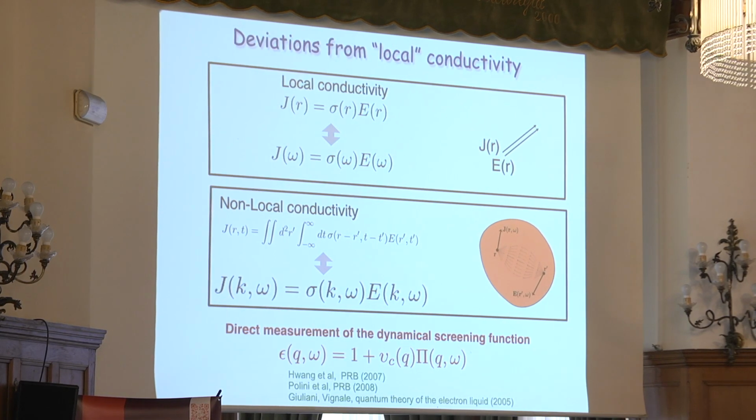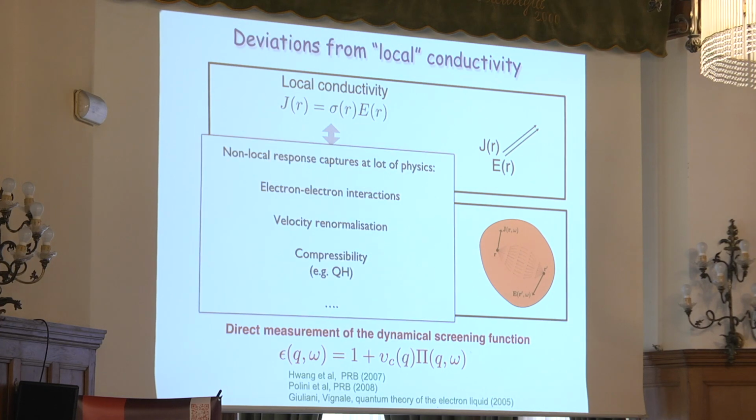This is relevant because it actually measures the direct dynamical screening function of the system, and in solid state physics, there are lots of theory papers on this topic, because you can learn really about the quantum theory of the electron liquid, which is the title of this book written by Giovanni Vignale.